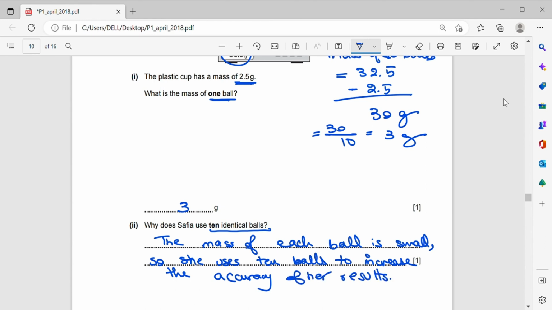In other words, you can say to make the results more reliable. Because if she used only one ball, the values would be too small. It's difficult for her to have accurate results.